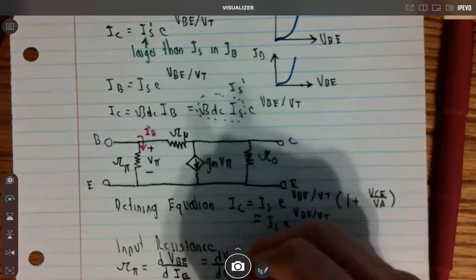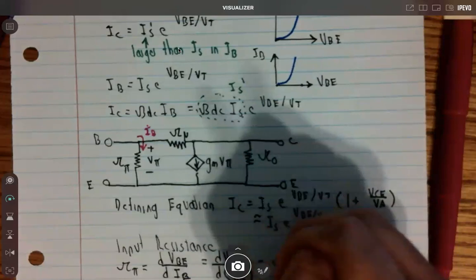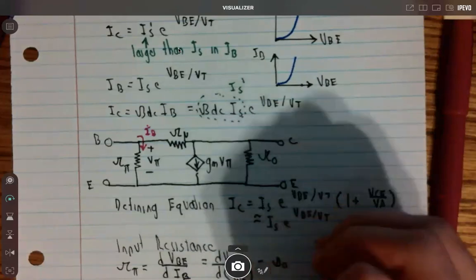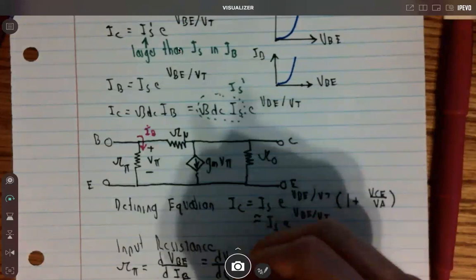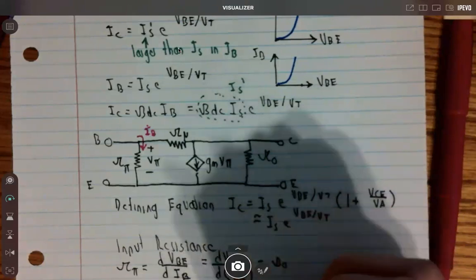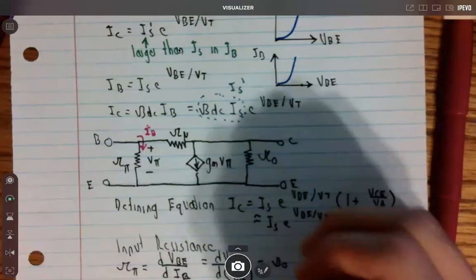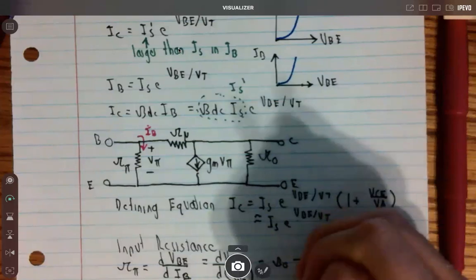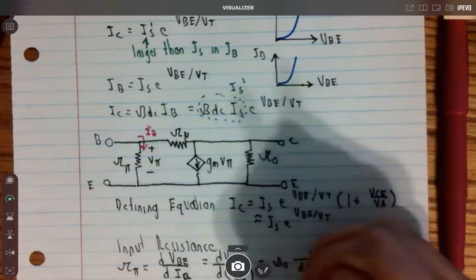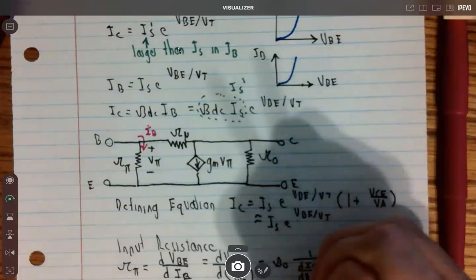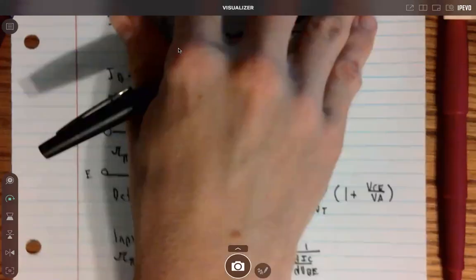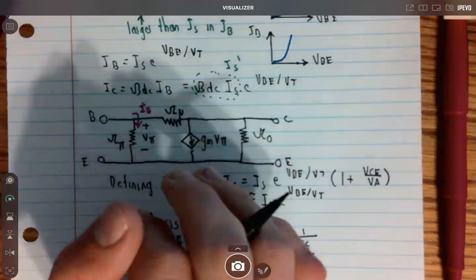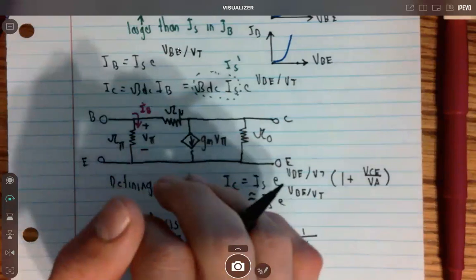The constant beta naught will just come out, because it's fraction over fraction, this one could come to the numerator, and it's a constant, so we can bring it out. And then rewrite it, so it's dIC over dVBE.